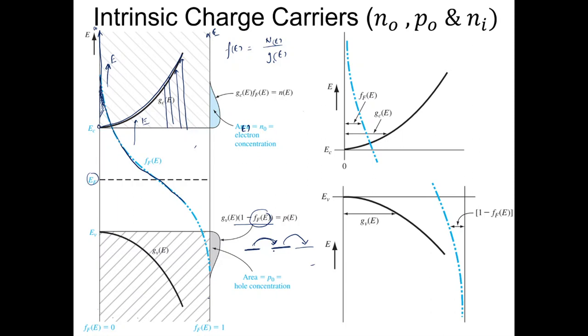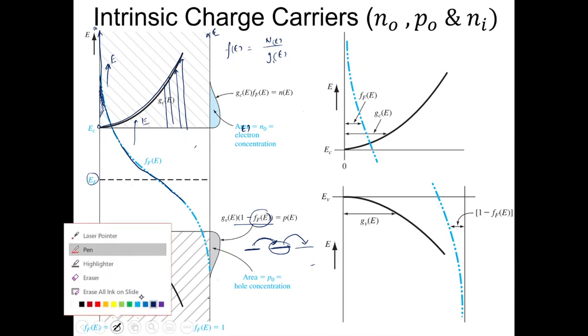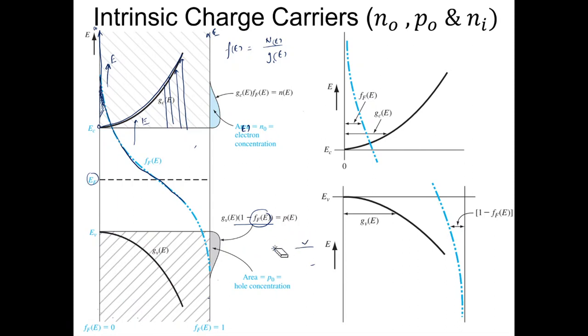So the number of holes is a function of the number of states which are unoccupied, because the electron is going to hop through that, so that unoccupied state is represented as the hole over there. So 1 minus f is the probability of a state being unoccupied.